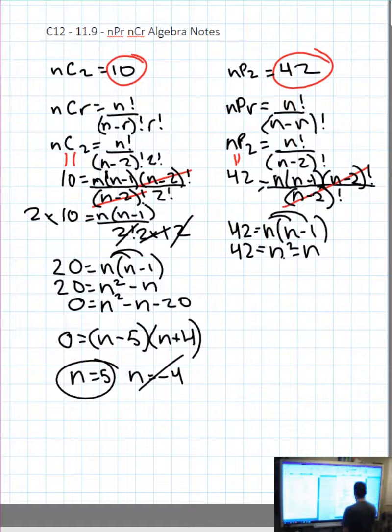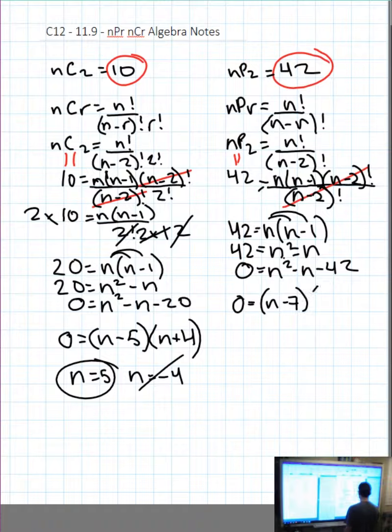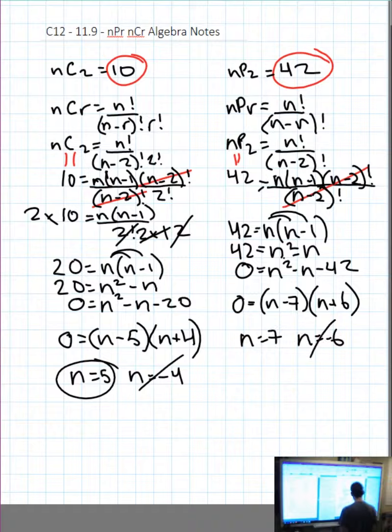I can get it equal to 0 by subtracting 42 from both sides: n squared minus n minus 42, and I can factor it. 0 equals n minus 7, n plus 6, which means if I set those equal to 0, I get n equals 7 and n equals negative 6. I can reject negative 6, and n is equal to 7.